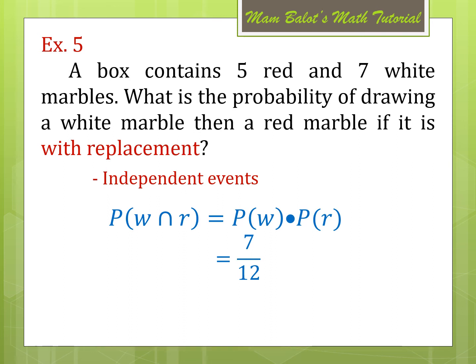Then multiplied by the probability of getting a red marble, which is 5 over 12 since we have 5 red marbles, and again 12 marbles in the box since we returned the first marble drawn. Multiplying the fractions, 7 times 5 is 35, then 12 times 12 is 144. So we have 35 over 144.